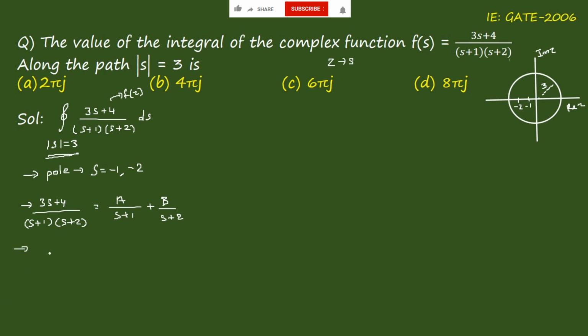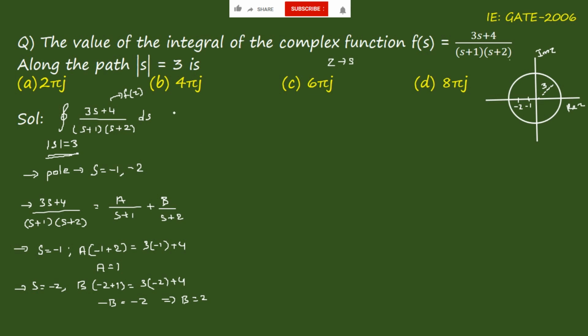Now when we have s is equal to minus 1, then we get a into minus 1 plus 2 is equal to 3 into minus 1 plus 4. So from here we can say that a is equal to nothing but 1. Now coming to s is equal to minus 2, then we get b into minus 2 plus 1 is equal to 3 into minus 2 plus 4, which is equal to minus b is equal to minus 2, which implies b is equal to 2.